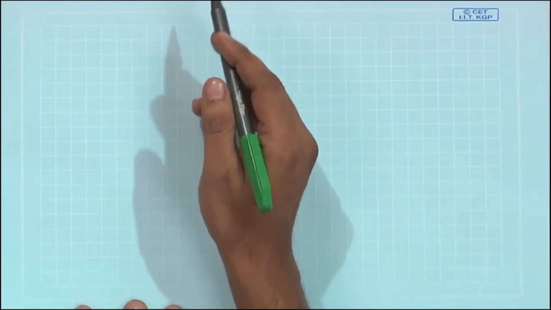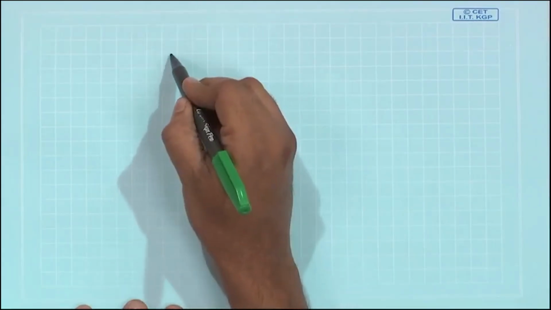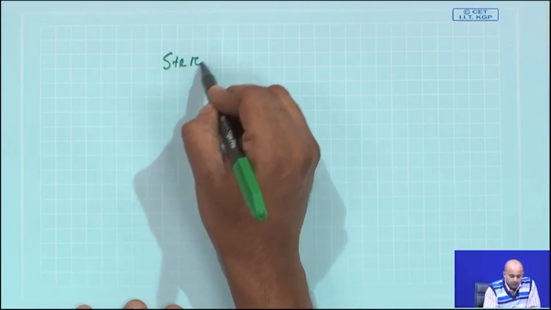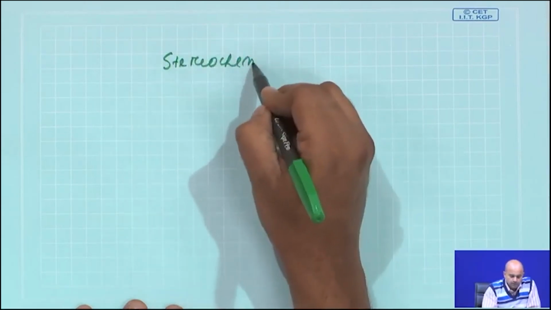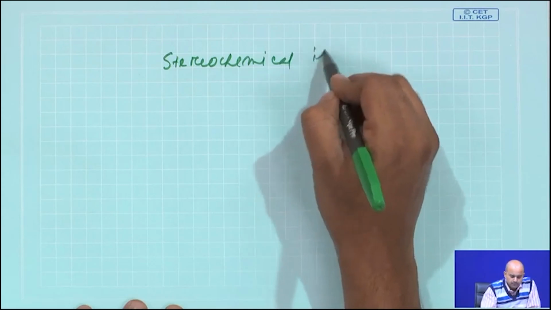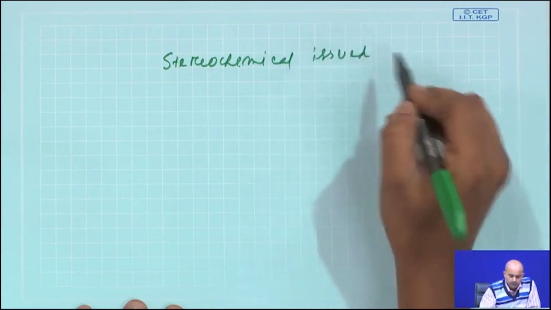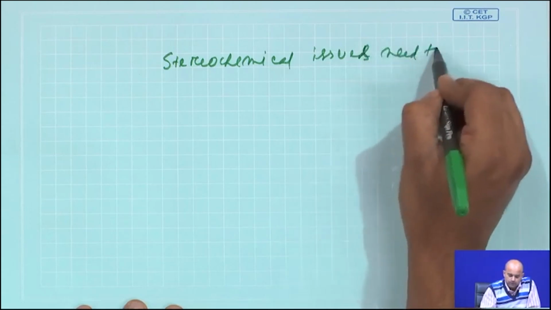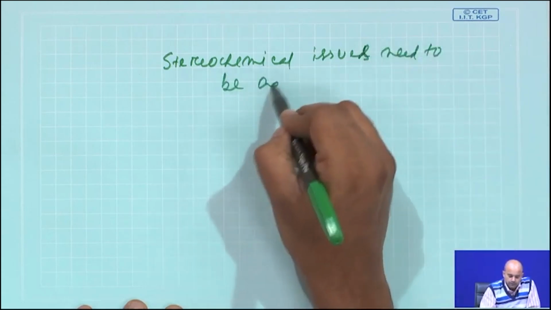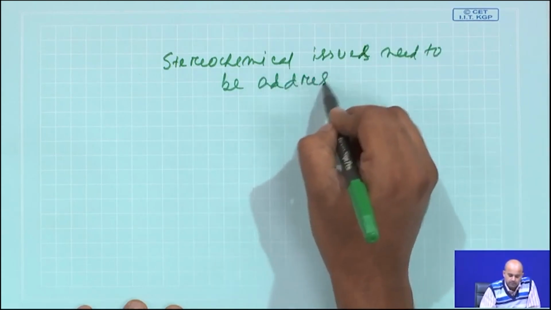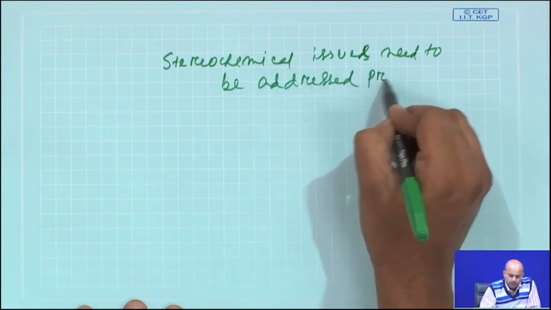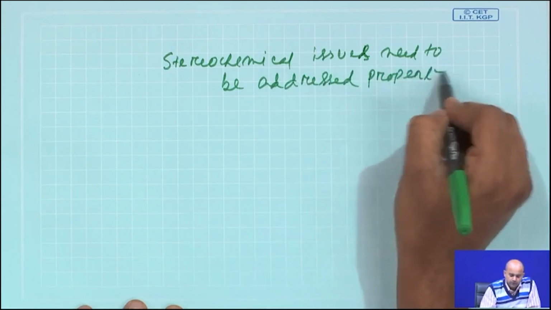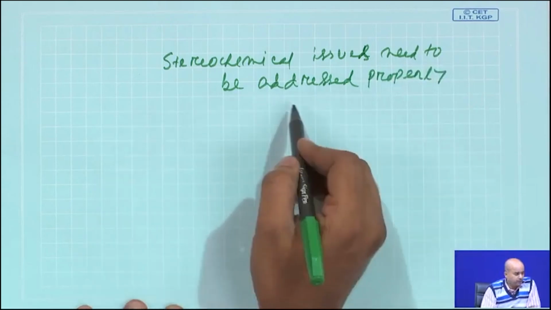There are many similar kinds of reactions, but try to figure out the stereochemical issues, and if there are stereochemical issues, they need to be addressed properly. If your molecule has some stereocenter, you need to think about it very carefully.